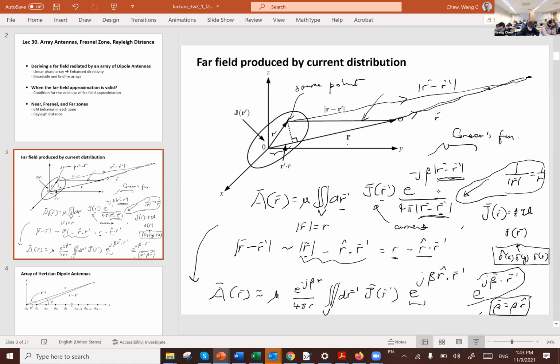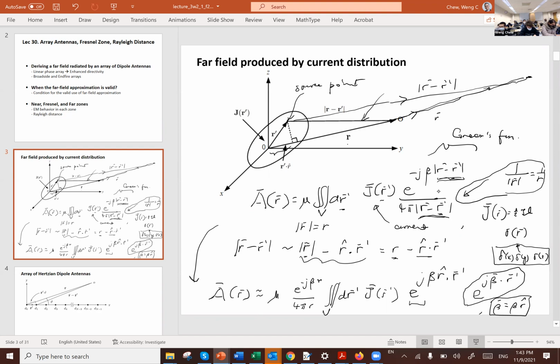So you can see that this thing can be written as such. What rings a bell when you look at a term that looks like e to the j beta dot r prime? What comes to your mind? Yes? The solution of the wave. Right, it's a solution of the wave equation. It is a plane wave, right? Except that this plane wave is propagating in the opposite direction.